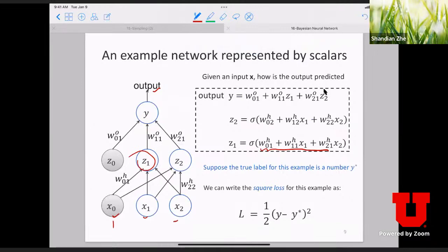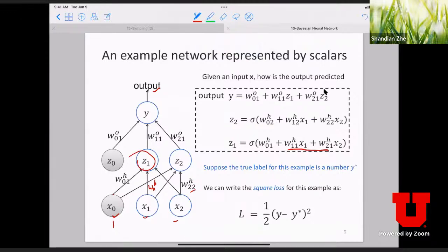So for x0, the weight is W01H, times 1, because x0 is simply 1. And then for x1, we multiply x1 with the weight on this edge, which is W11H. And then we weight x2 by W21H, which is on the edge connecting x2 to Z1.